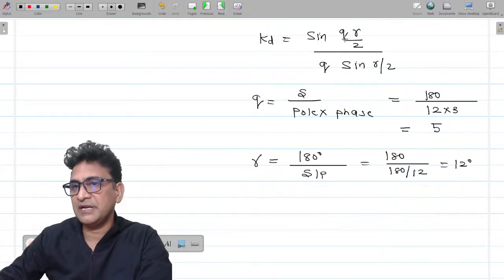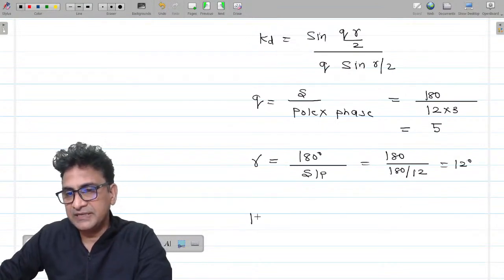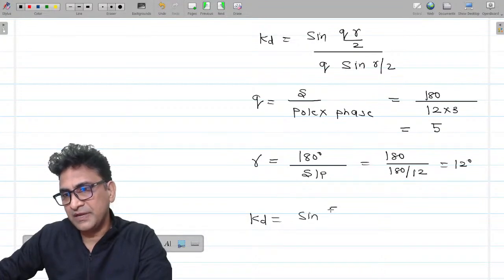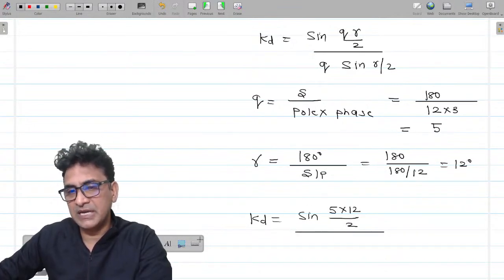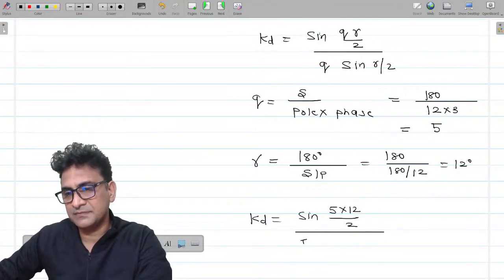If I put the value of q and gamma in this formula, I can get the value of Kd. So Kd is sin(q gamma by 2) divided by q sin(gamma by 2). Q is 5, gamma is 12. So 5 sin 12 by 2.